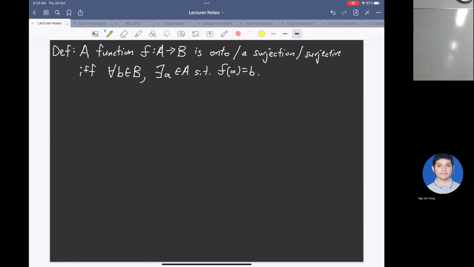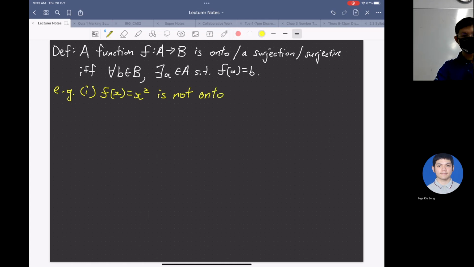So for example, fx equal to x squared is not onto. Do you know why? Why is fx equal to x squared not onto?